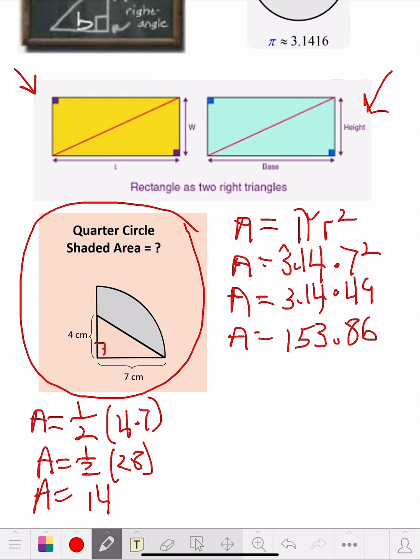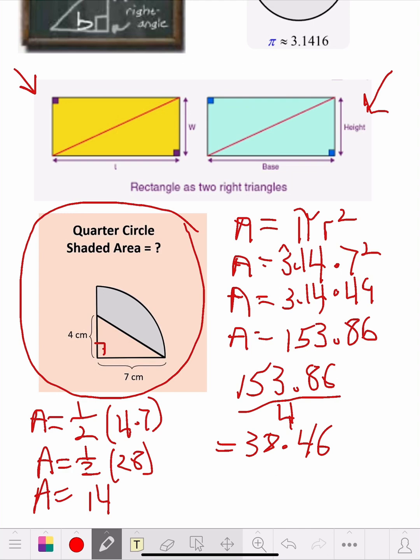Now we want 1/4 of the circle, because don't forget we're only dealing with 1/4 of it. So I'd take the 153.86 and divide by 4, which equals 38.46.